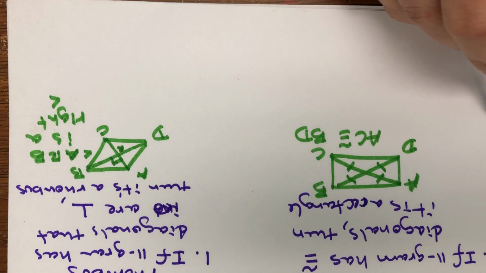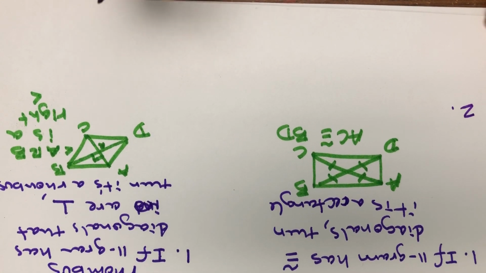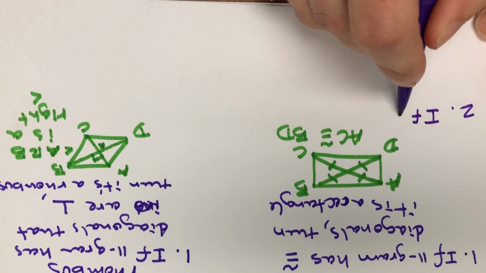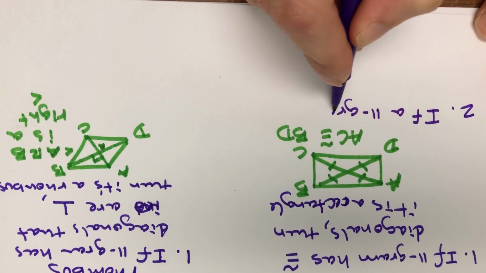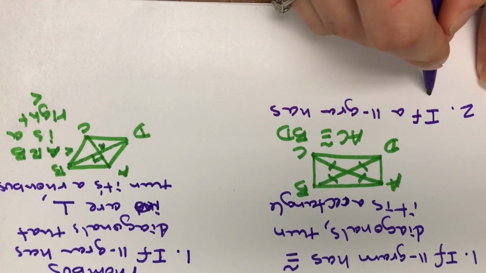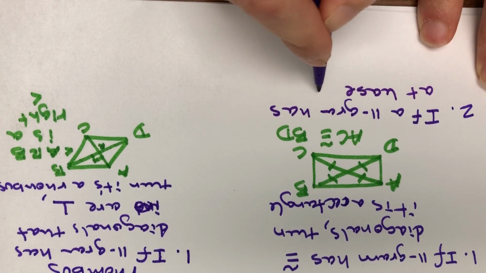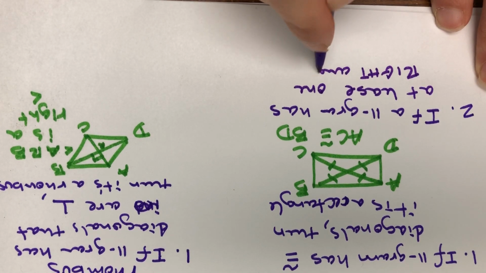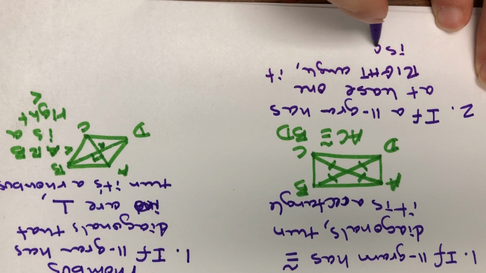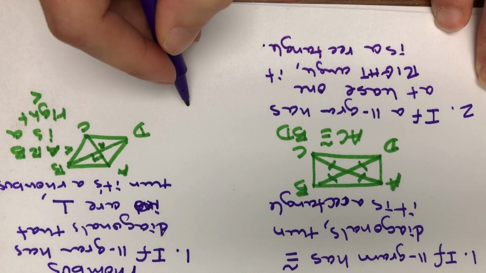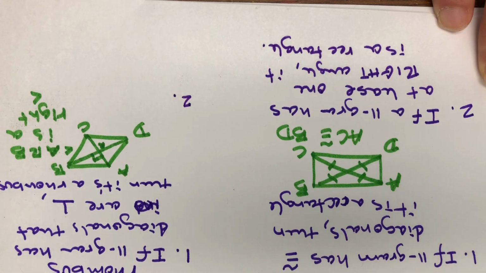So another way that you can prove that a parallelogram is a rectangle is if it has a right angle. So if a parallelogram has at least one right angle, it is a rectangle. That's going to be helpful with proofs, both two-column proofs and coordinate proofs.